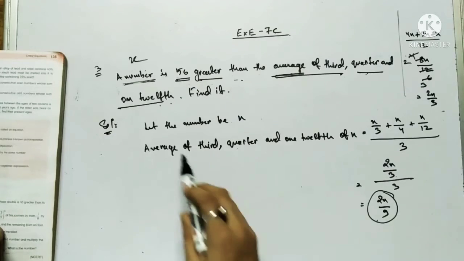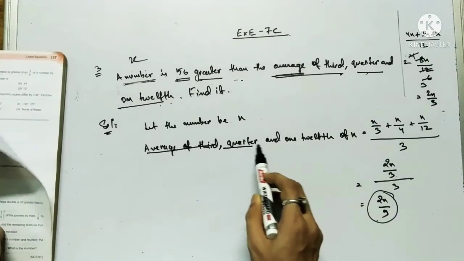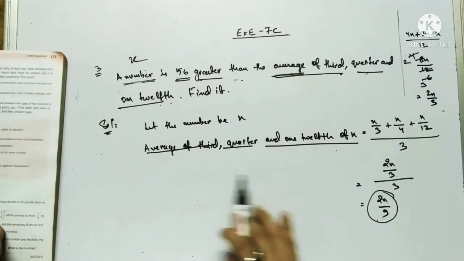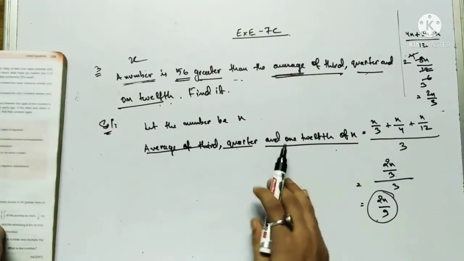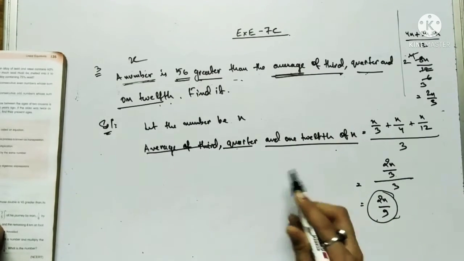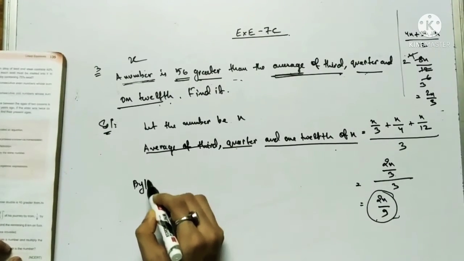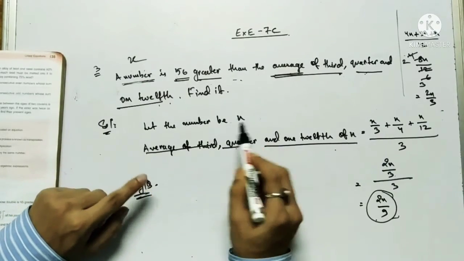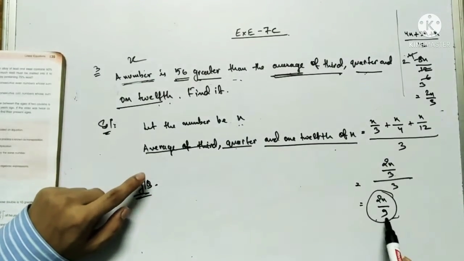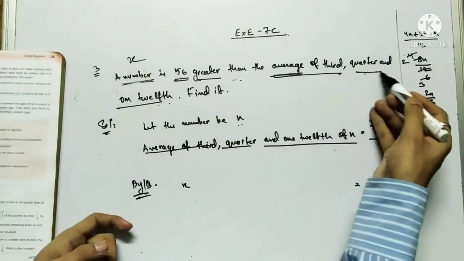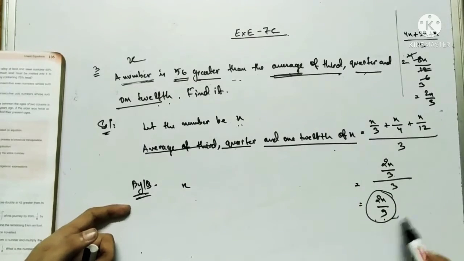Understand? This is the average of third quarter and 1/12 of x. This value is 2x/9. So now I will use by question. By question, what it is saying is that x is 56 greater than this, that is the average of third quarter and 1/12, its value 2x/9 I got.